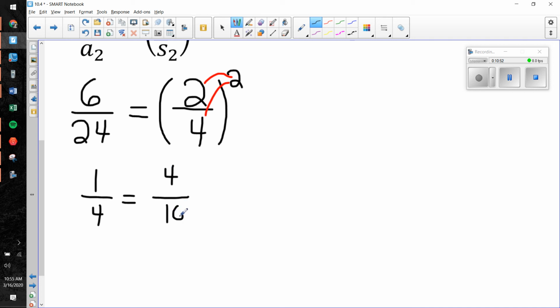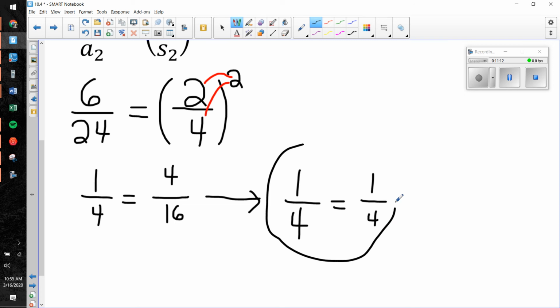Now you could cross multiply here if you wanted to, but I was hoping you guys would see at this point that the first fraction is already simplified as a 1 over 4, and the second fraction of 4 over 16, when you divide out a 4, also simplifies to a 1 over 4, and that kind of verifies what we're talking about.